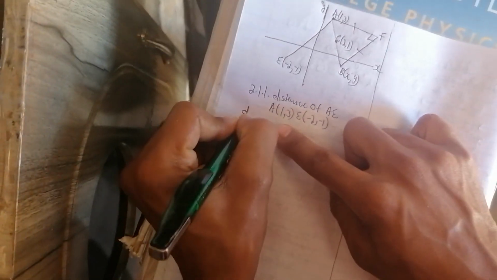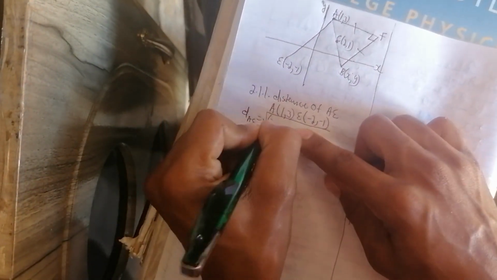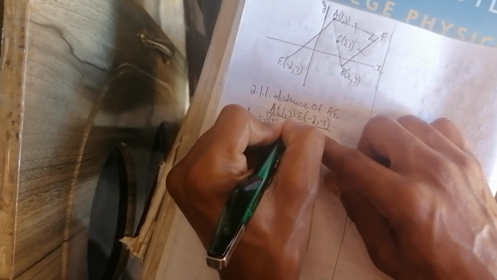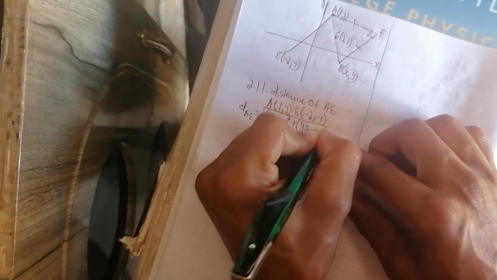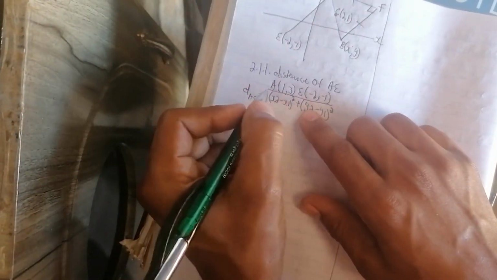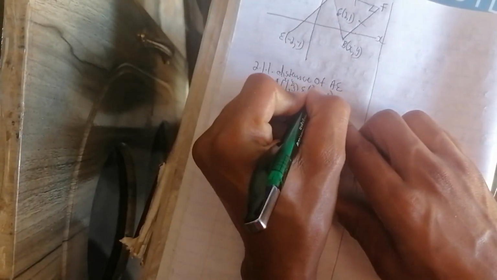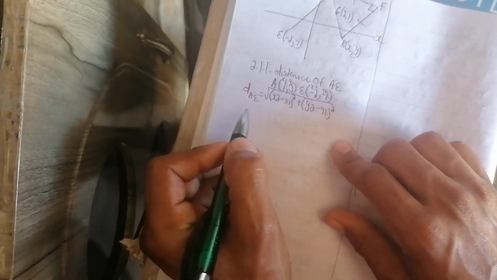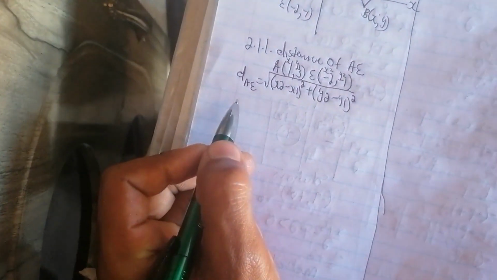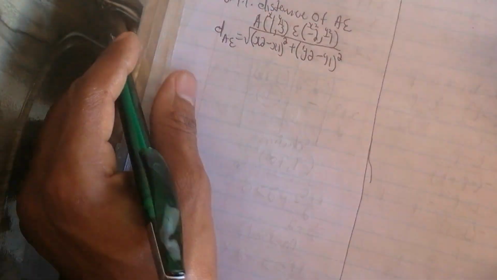The distance is given by the square root of (x2 minus x1) squared plus (y2 minus y1) squared. You can choose which point is your x1, y1 and which is your x2, y2. It really depends on you.